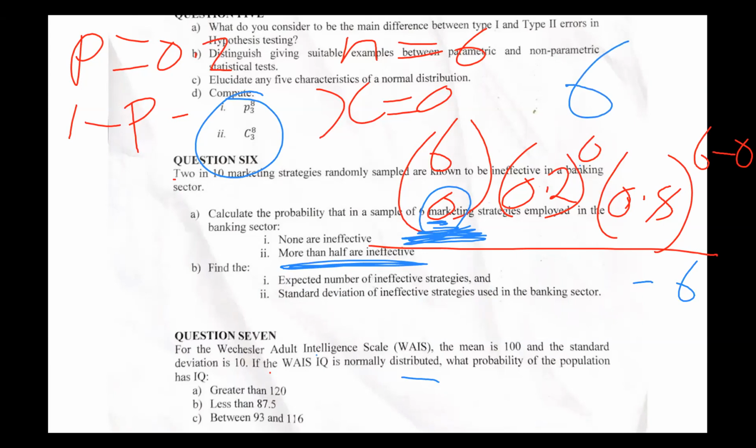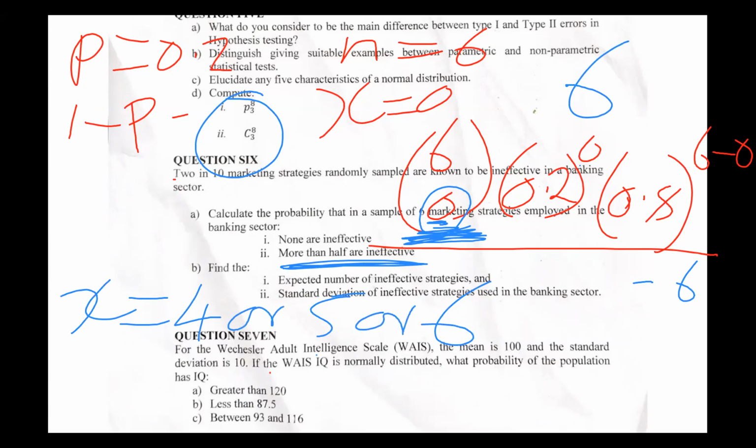Means more than 3, isn't it? So that is for the probability that your small x will be 4 ineffective strategies, 5 and 6.